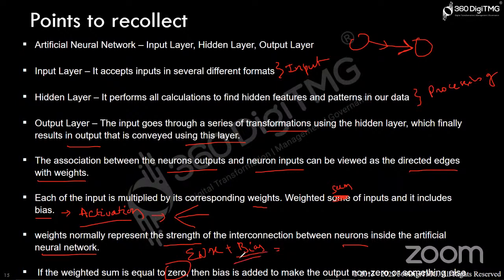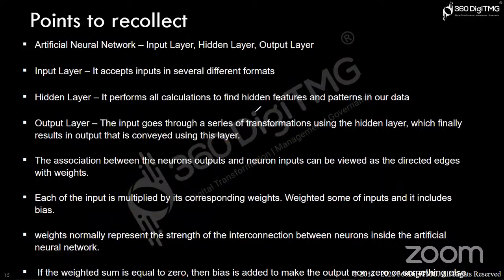This is the error term. So if we are talking about the equation, it is like y equals y hat plus error. Error here is bias. If this is 0, y will be bias. Everything will be error.